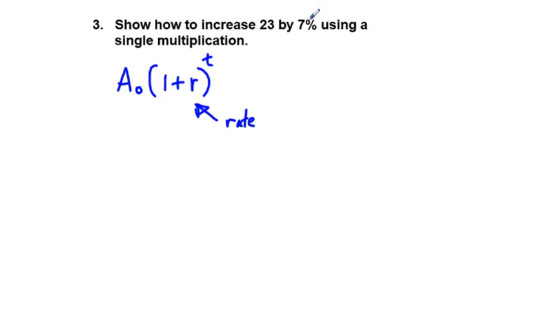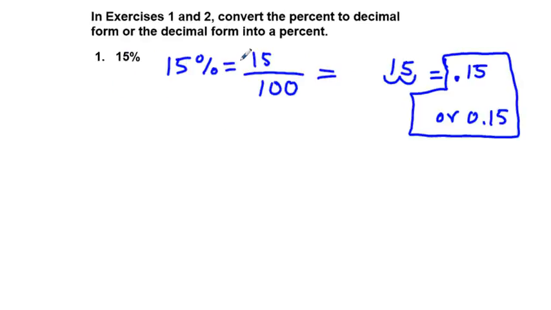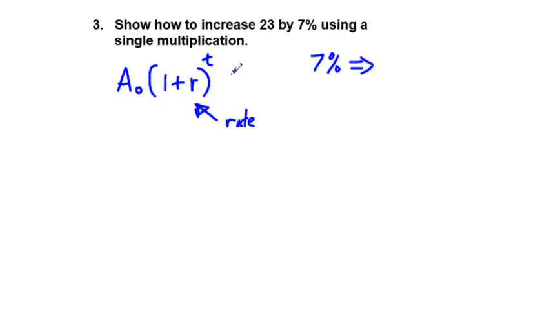So we have to take the 7% and change this to a decimal, which is very much related to what we did in problem 1. We changed that 15% to a decimal. We're going to change this 7% to a decimal. To do that, we take 7 divided by 100, and that's going to be equal to 0.07.